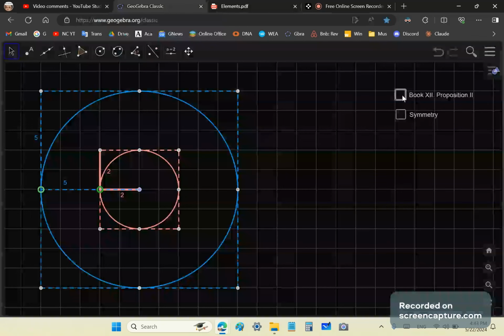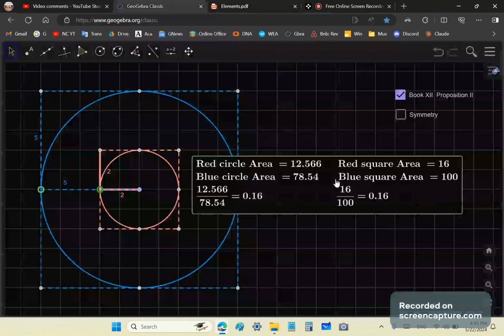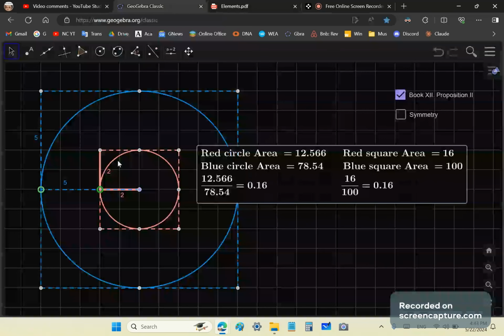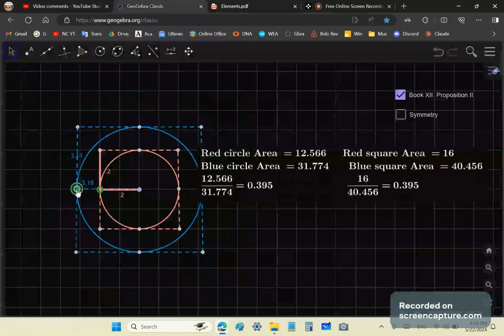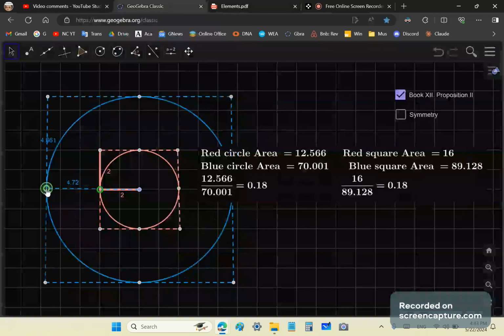The first part says that basically the red circle area to the blue circle area is equal to the red square area to the blue square area. And as you can see, they're equal, and it doesn't matter how I move these. And by the way, I hope you'll notice something while I'm doing this.